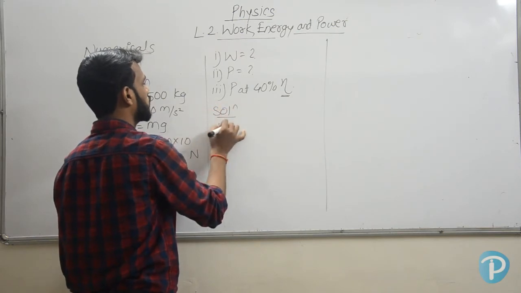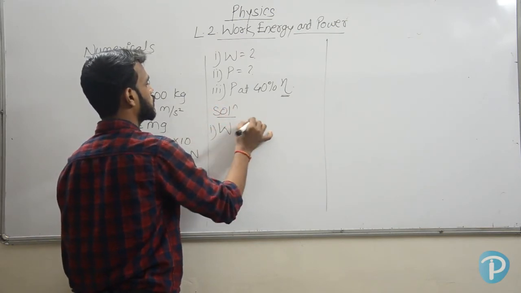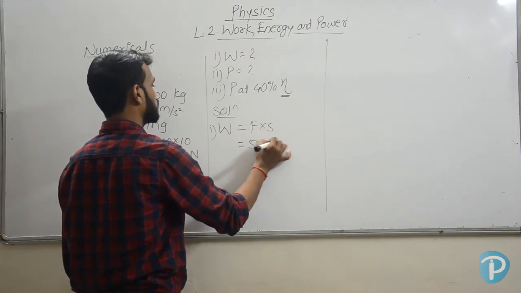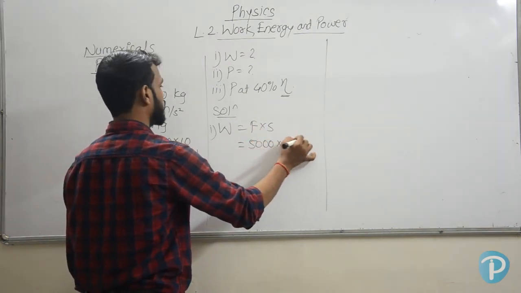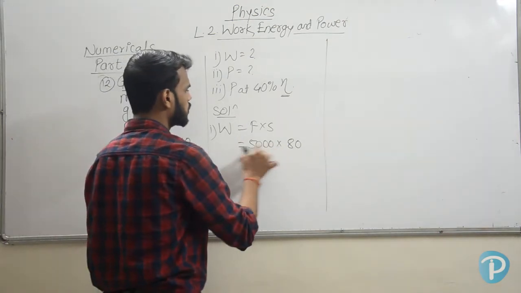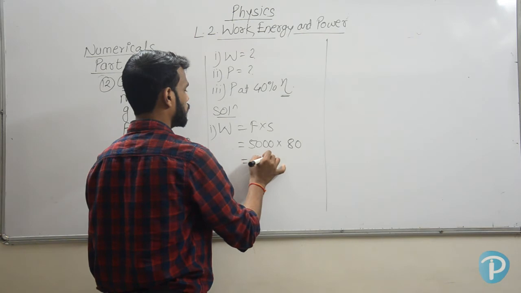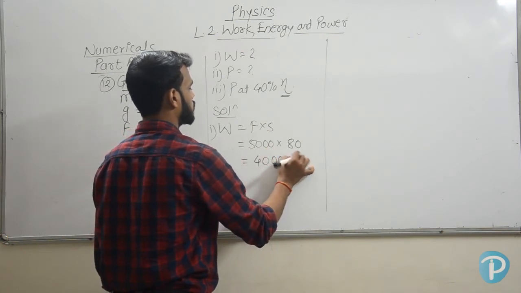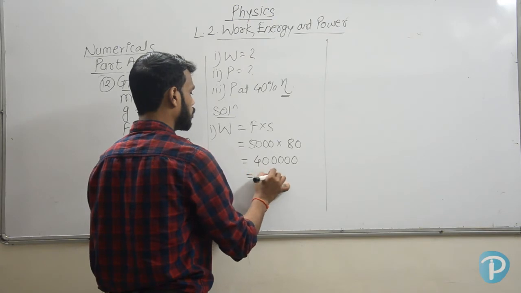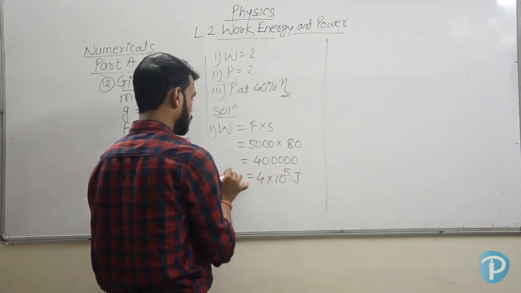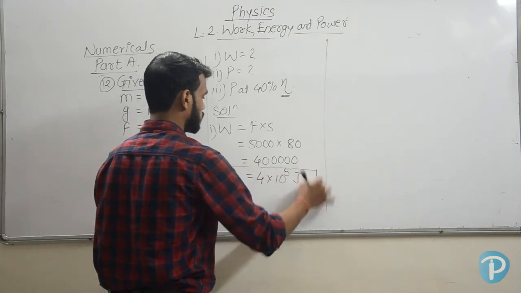First of all, we will calculate the work done. Work done is force into displacement. Force is 5000 multiplied by displacement, 80 meter. 8 5s are 40 and these 4 zeros. So it will be 4 into 10 raised to 5 joule. This will be the work done.